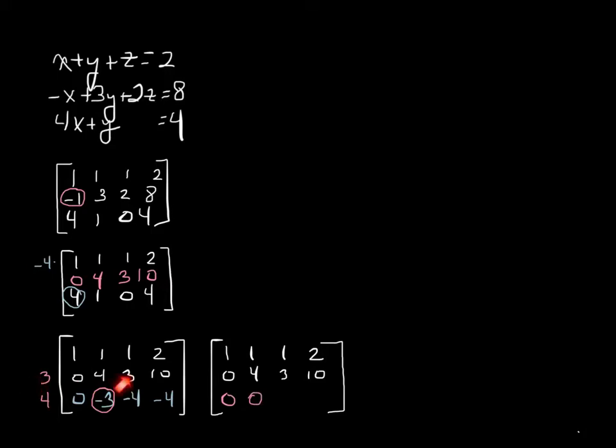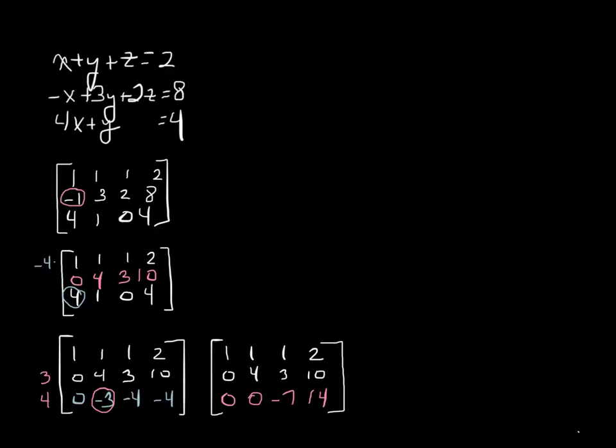3 times 3 is 9. And 4 times -4 is -16, so 9 plus -16 is -7. And last one here, we've got 3 times 10 is 30. 4 times -4 is -16, so that leaves us with 14.